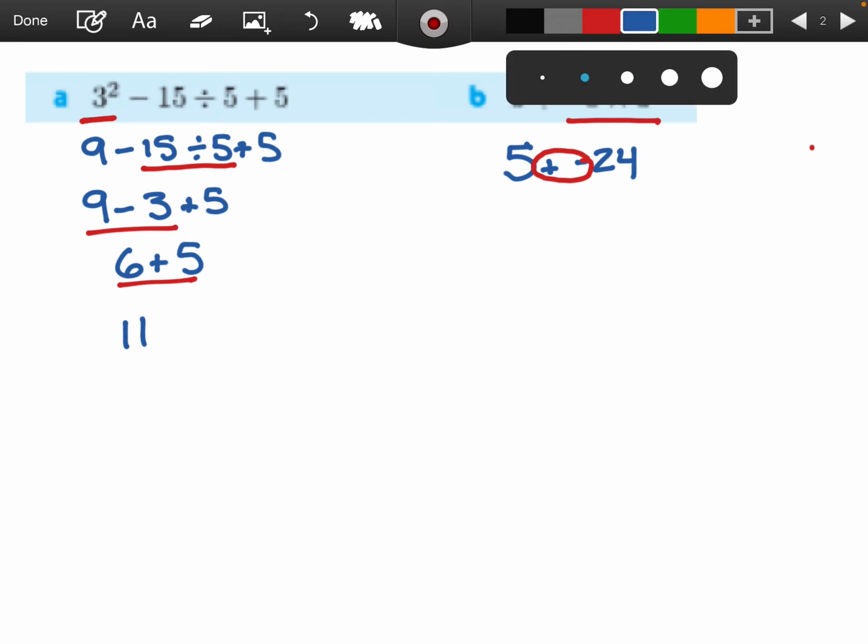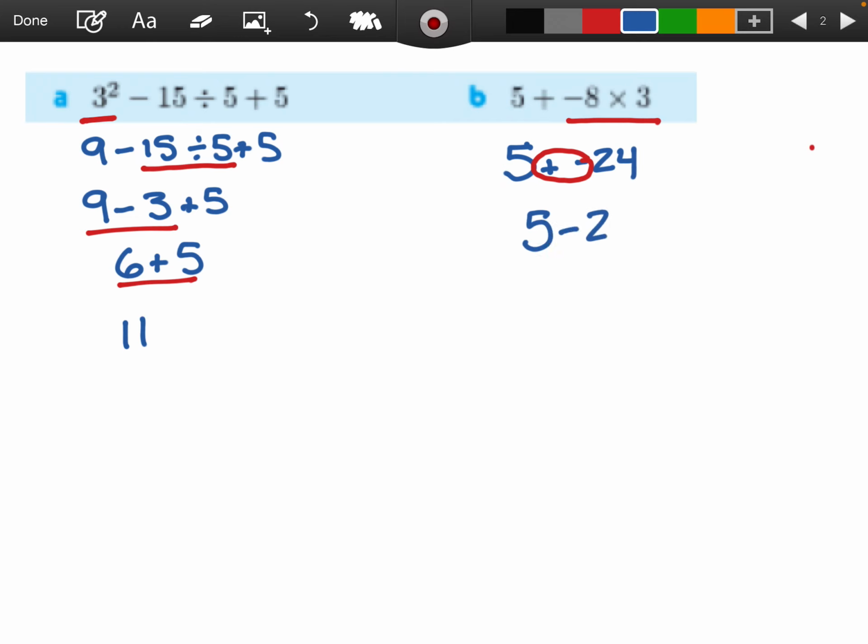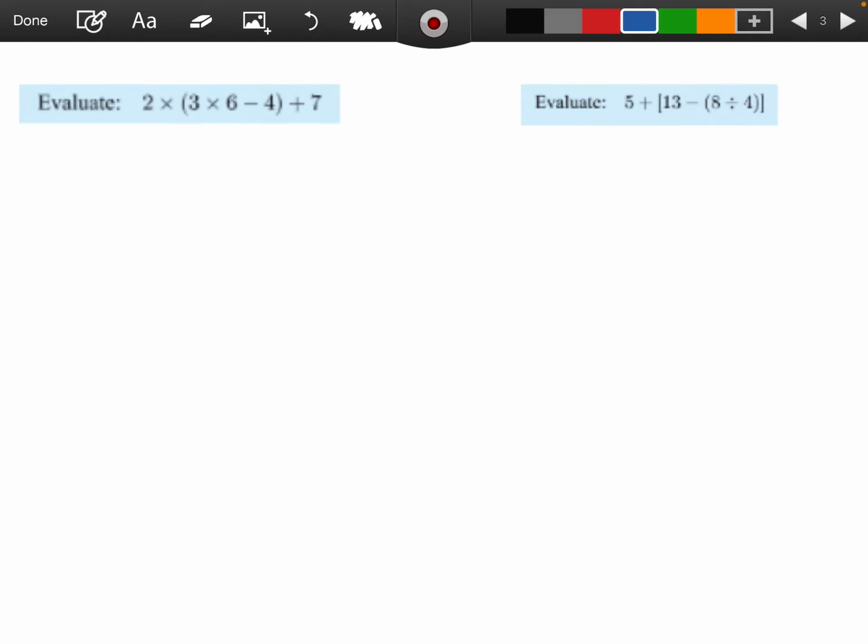Plussing a negative is the same thing as subtracting. So a plus with a minus becomes just a minus. We've got 5 minus 24, and I'll underline that we're doing this part next. 5 minus 24 gives me negative 19 as an answer. Again, working down our page, not across, no equal signs. These are expressions.